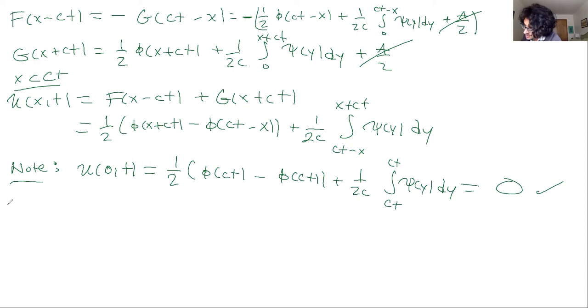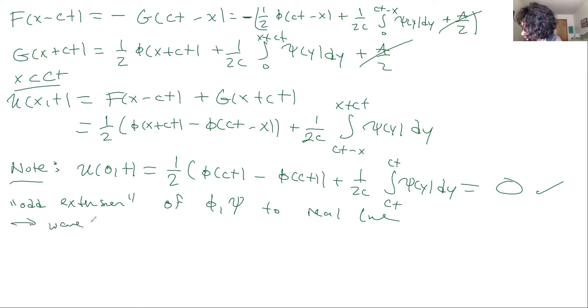So everything works. This is often what's called the odd extension of phi and psi to the real line. Essentially, our waves are going to cancel at x equals 0.